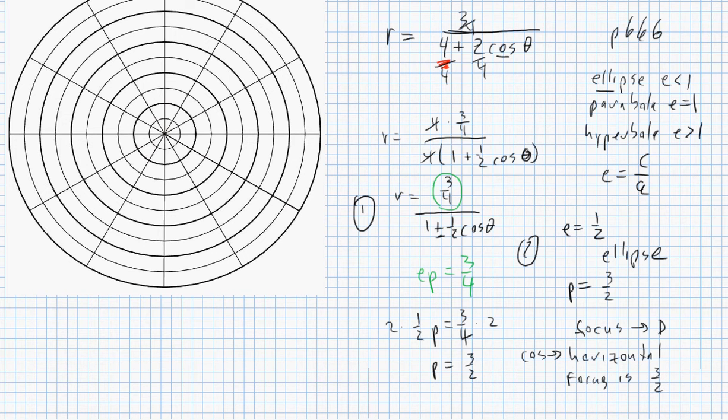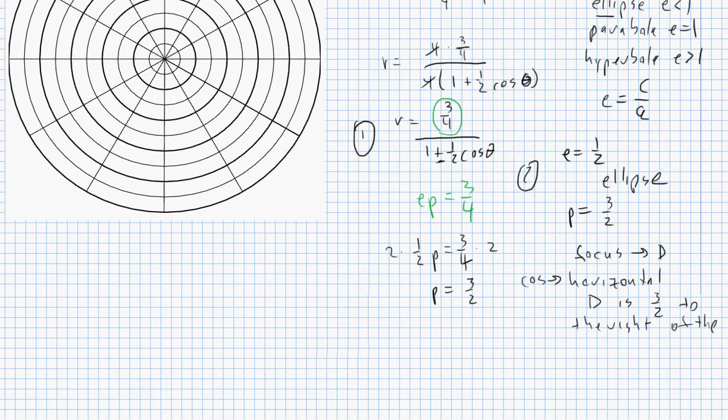So the directrix is 3/2 units to the right of the focus.